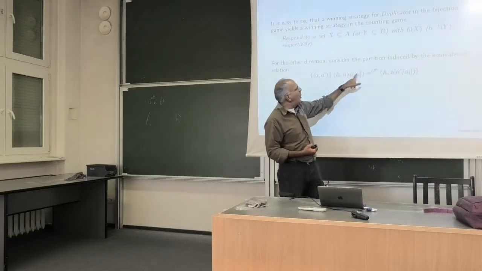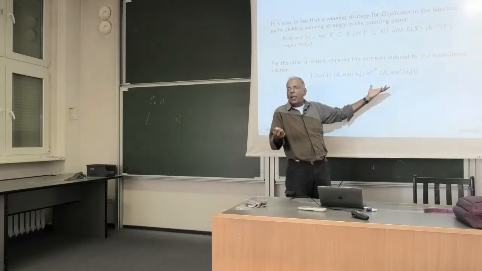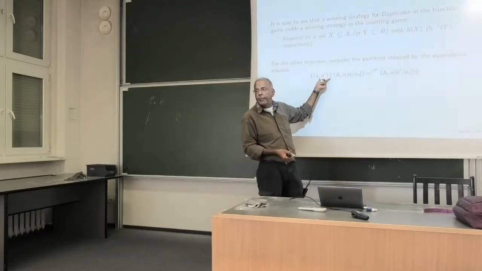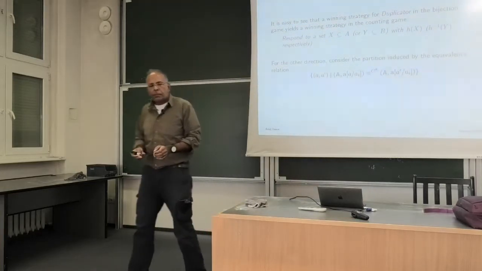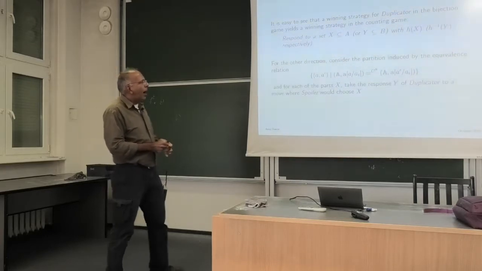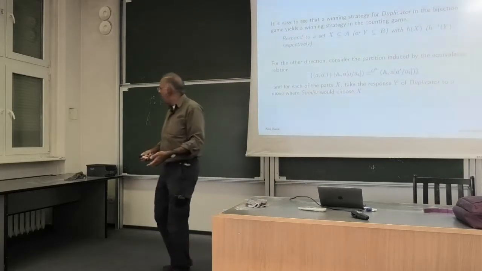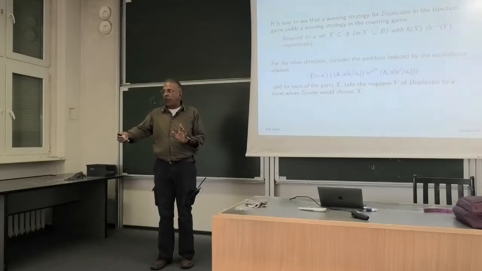And say that two of them, a and a prime, are equivalent if they're not distinguished by any C^k formula. This is an equivalence relation on the elements of A. Okay? It partitions A into sets. For each of the parts, imagine Spoiler playing that part, and we know Duplicator has a response on the other side. Okay?